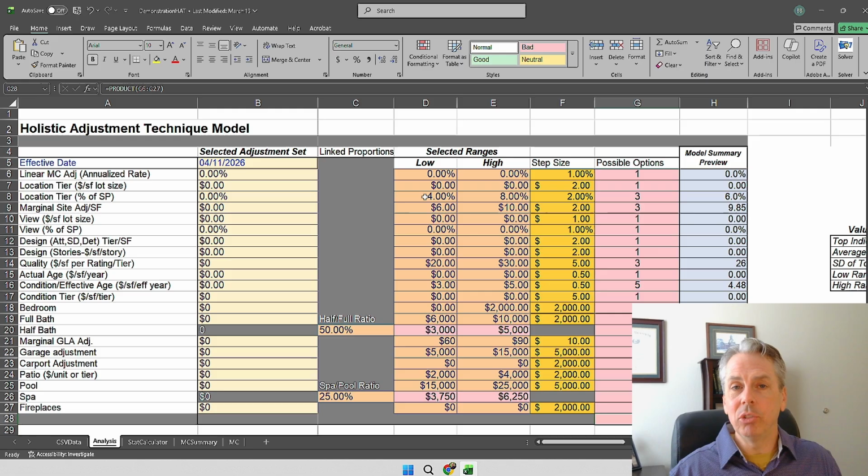And if I'm starting at 0, you're modeling in a way that you know doesn't reflect the market. If I'm starting at the top and working my way down, well, I'm essentially saying gross living area is 0. Well, do I think that the market doesn't react to gross living area? Well, no, I've got tons of support for a reaction to gross living area. So I can't just iteratively work my way down.